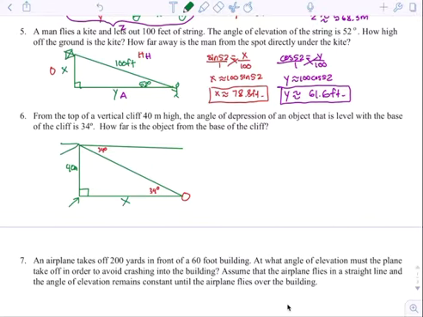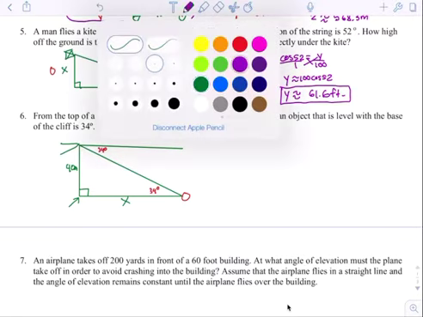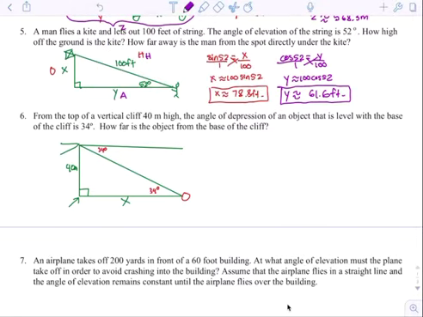So that means that we will be using, what is that? Tangent. Opposite and adjacent. So that means tan 34 is going to equal 40 all over x. Cross multiply, so we're going to get x tan 34 is equal to 40. Divide both by tan 34.